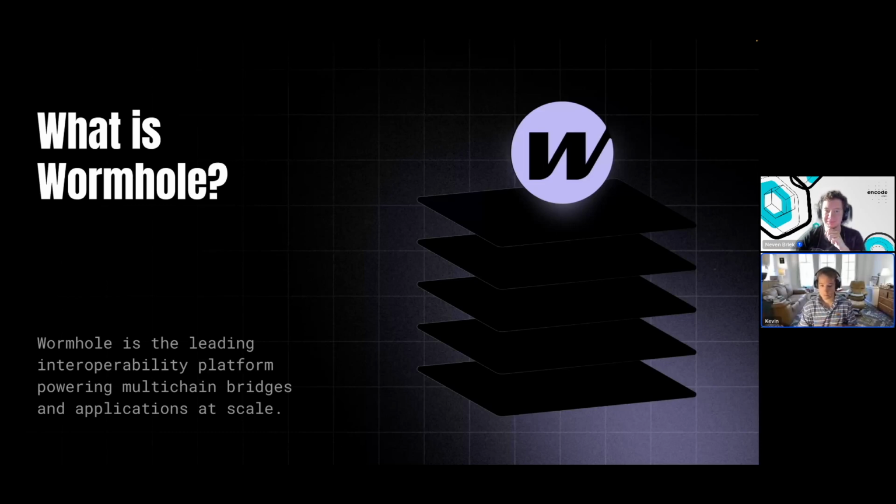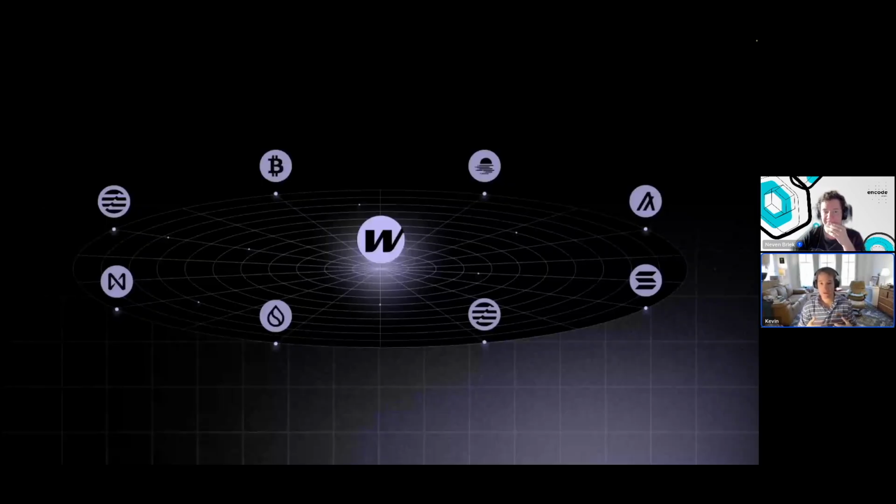That's typically the first application that brings people in. Wormhole is a decentralized network comprised of several different node validators that are running nodes on different chains, and they are confirming receipt of messages. So if you are bridging tokens from Ethereum to Avalanche, what's actually being passed is a message from the origin chain to the destination chain that is validated by the Wormhole network.